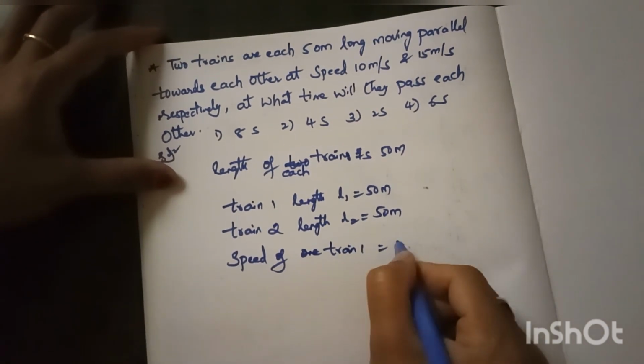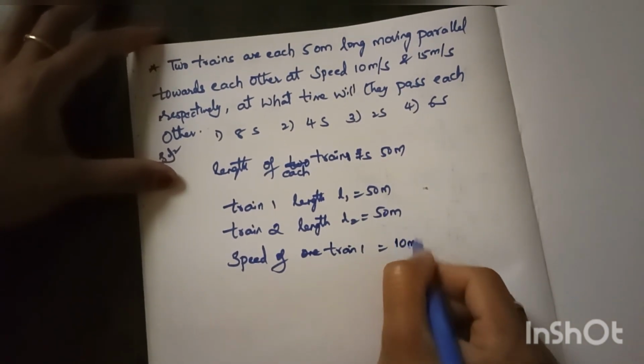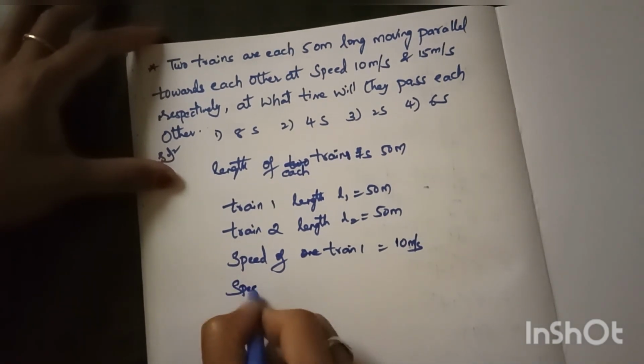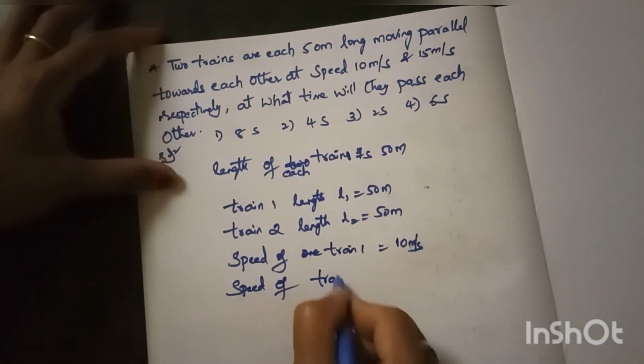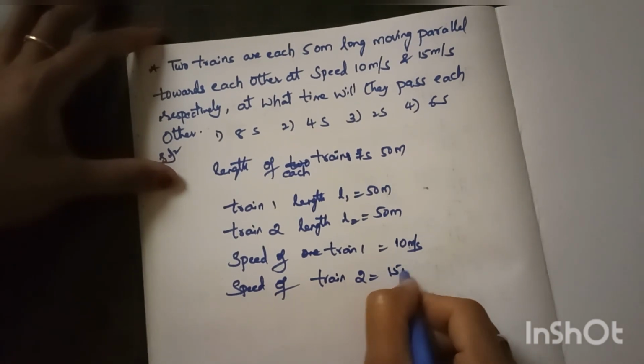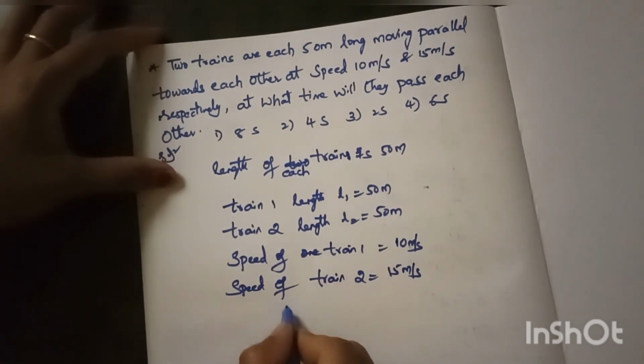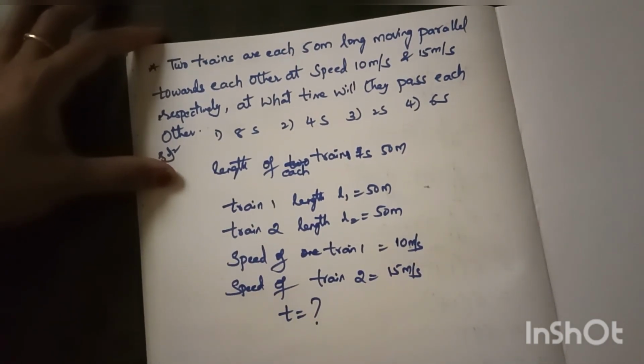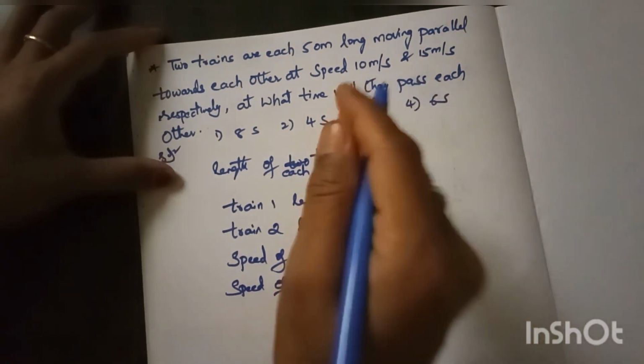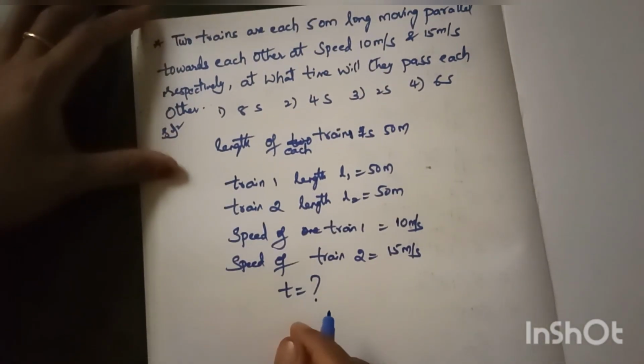The speed of train 1 is 10 meters per second, and the speed of train 2 is 15 meters per second. They say to find the time when they pass parallel to each other.